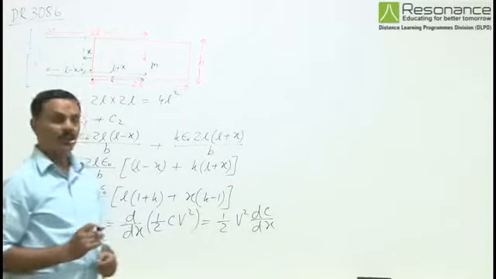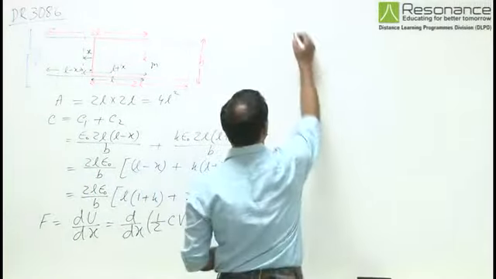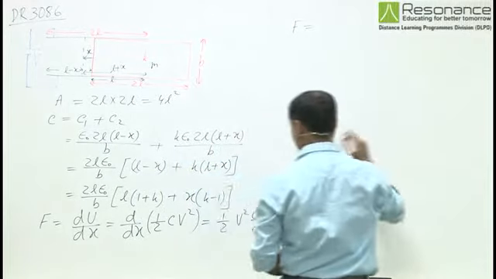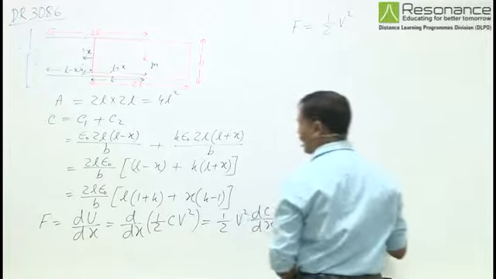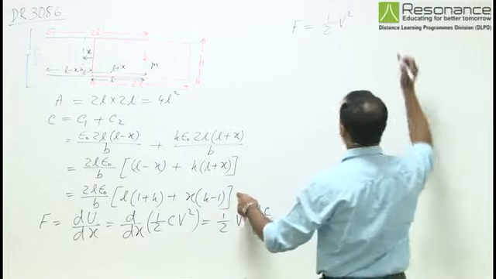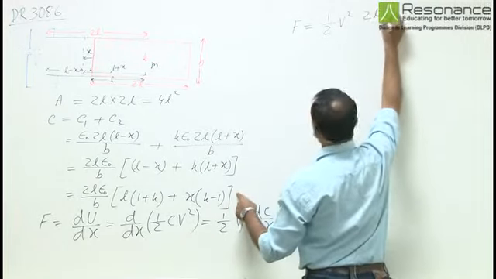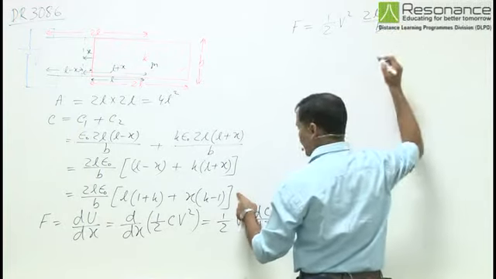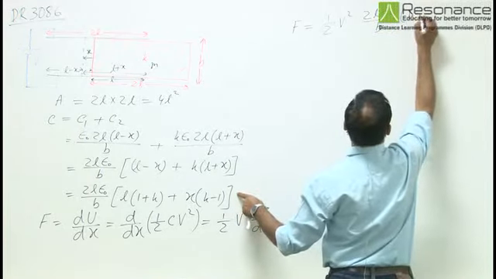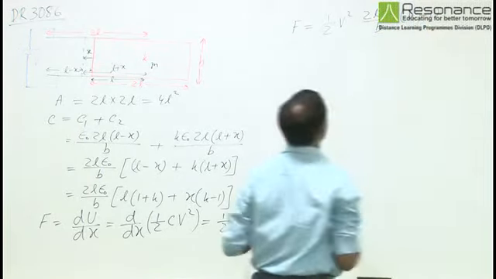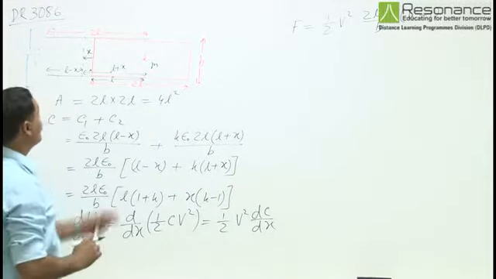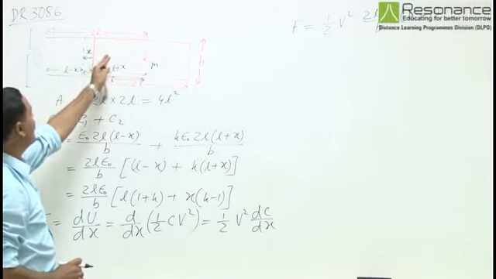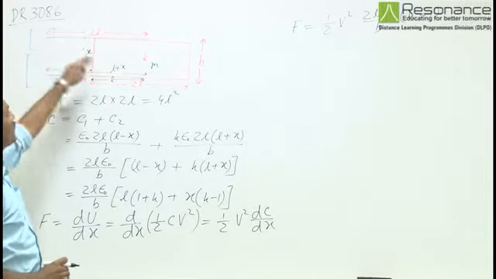So the net force on the dielectric is F equal to half V square into dC by dx, which comes out to be 2L epsilon naught by B into K minus 1. As we can see, the force is constant.